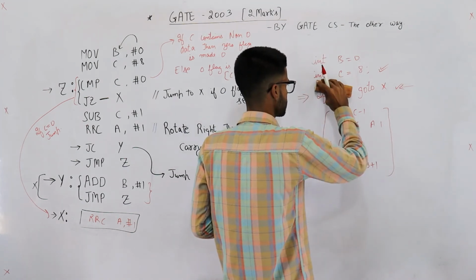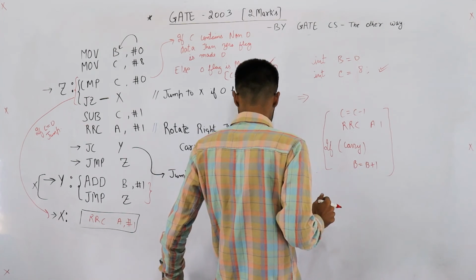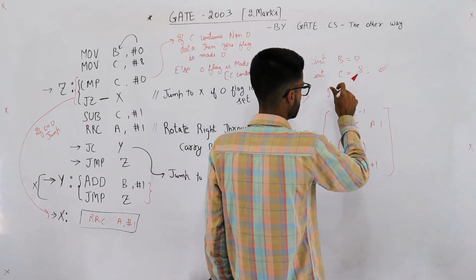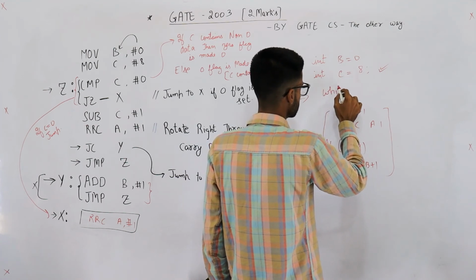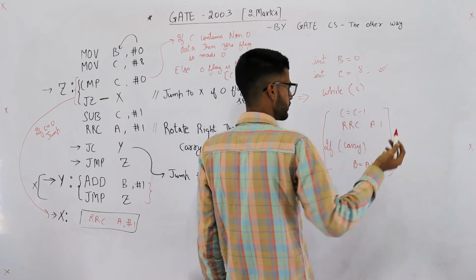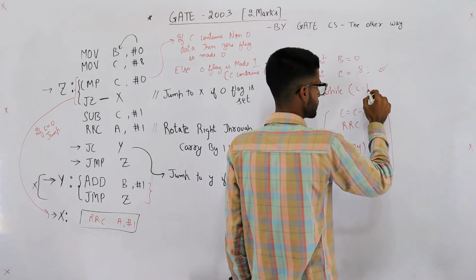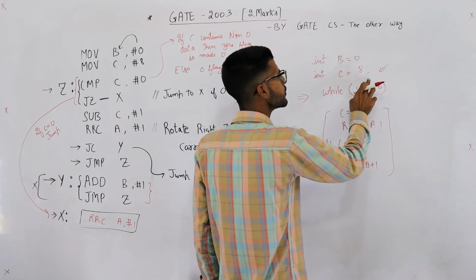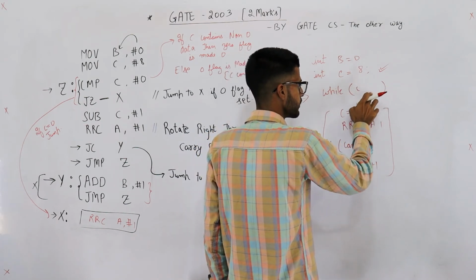This translates to while C. You can also write while C is not equal to 0, and you can simply write while C also. Both are one and the same thing.